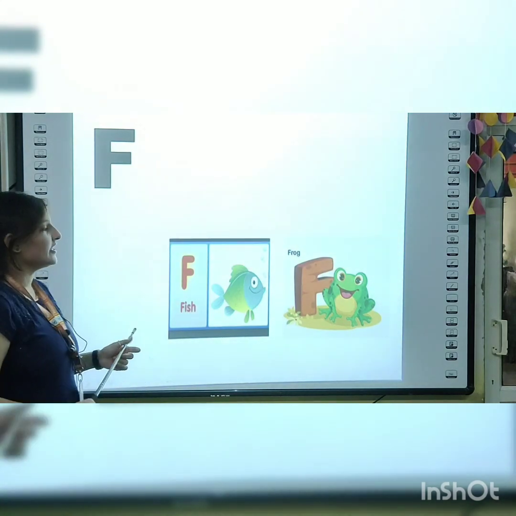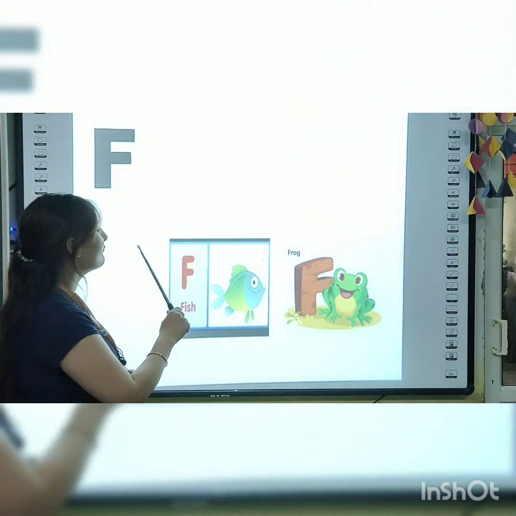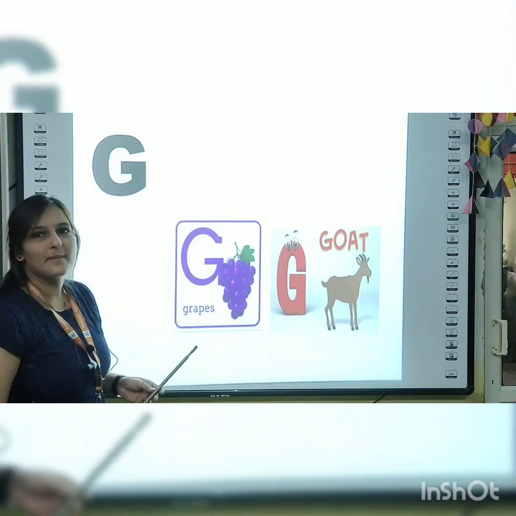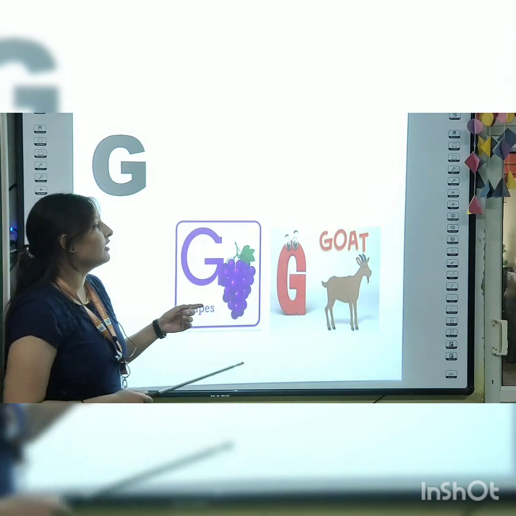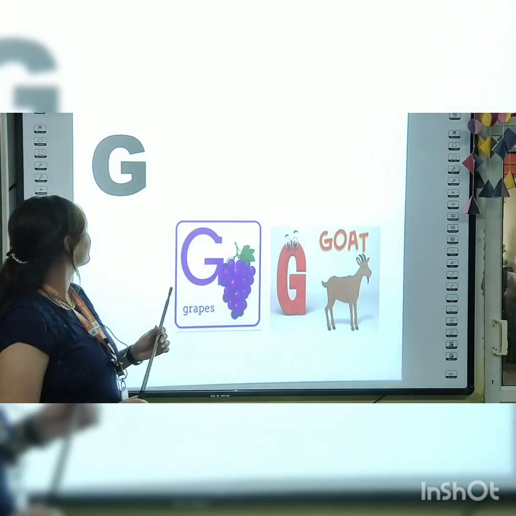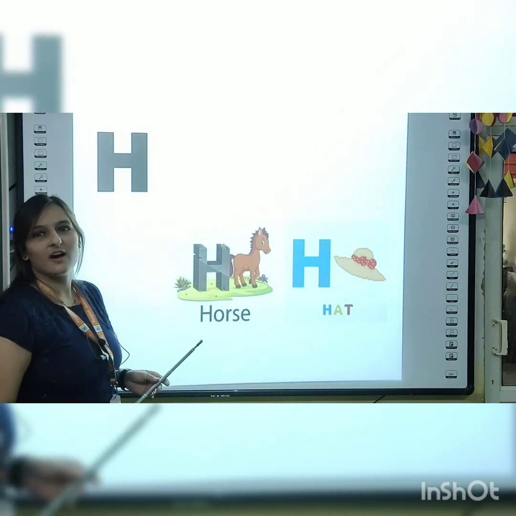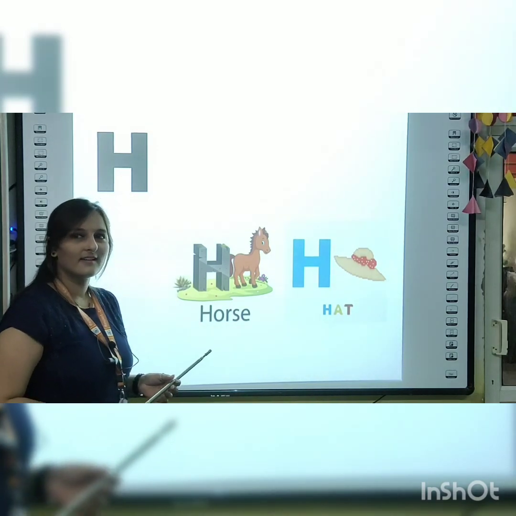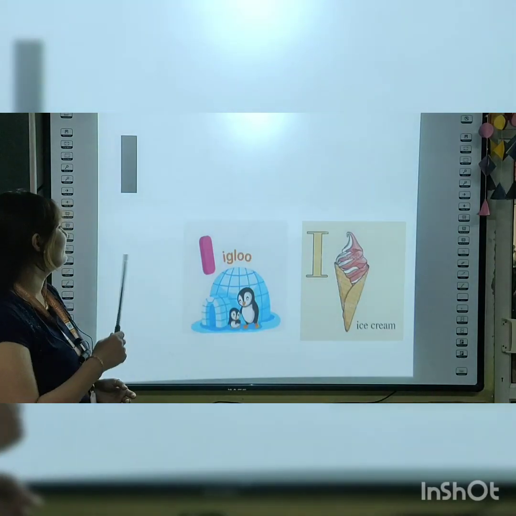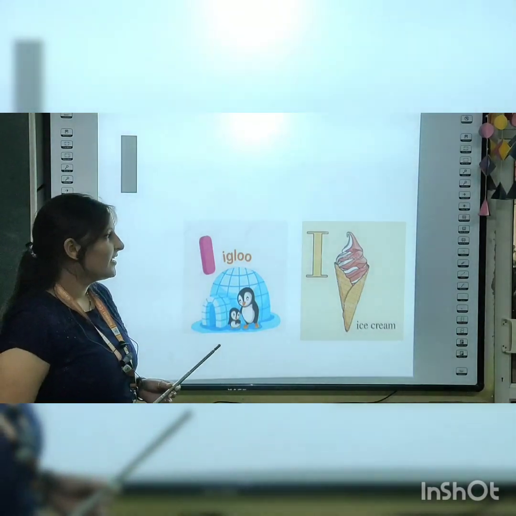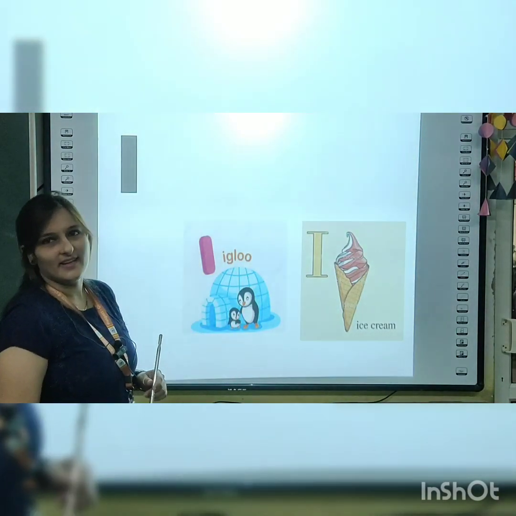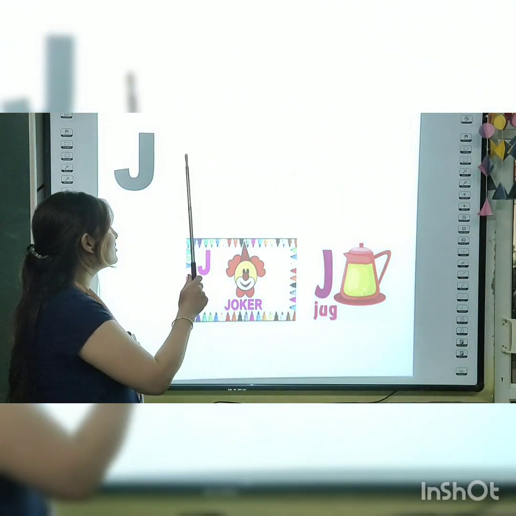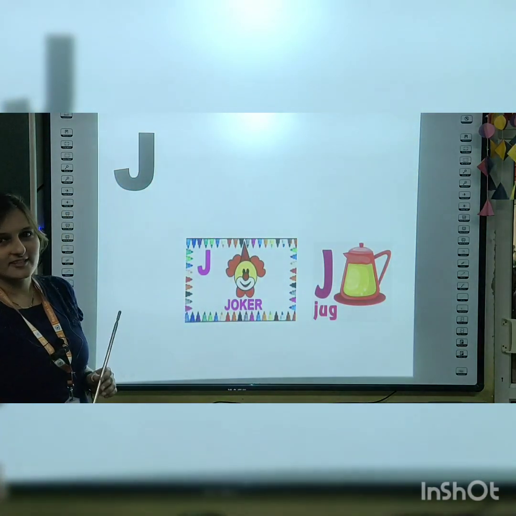Next, F for fish, F for frog. Next, G for grapes, G for goat, H for horse, H for hat. Next, I for igloo, I for ice cream, J for joker, J for jug.